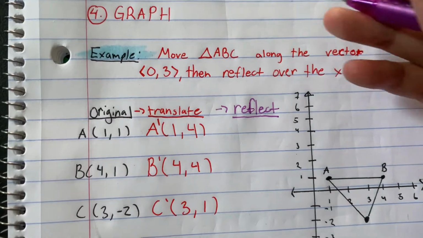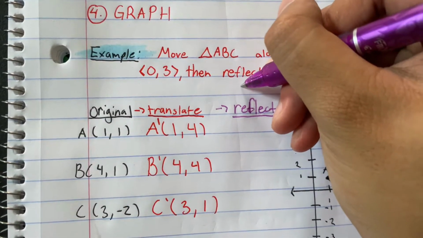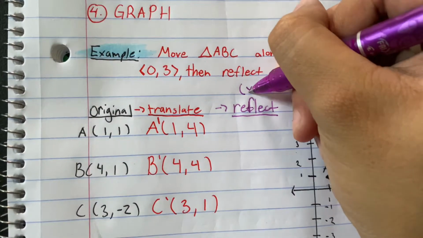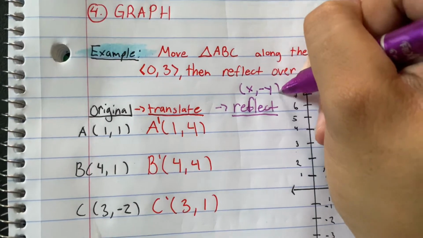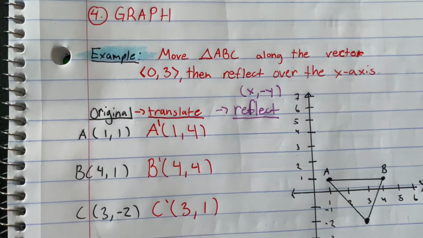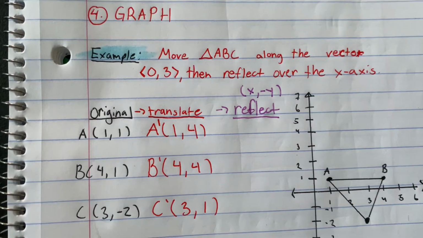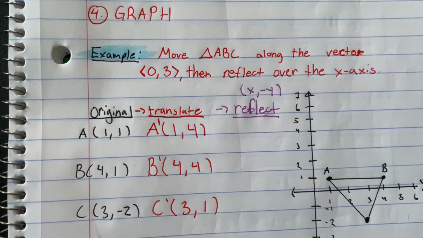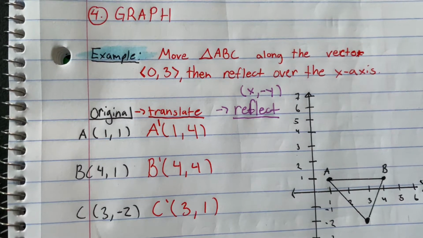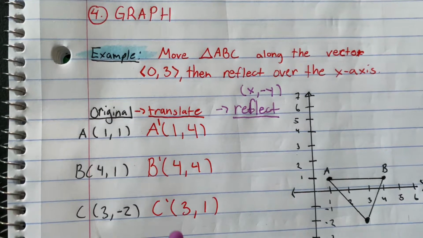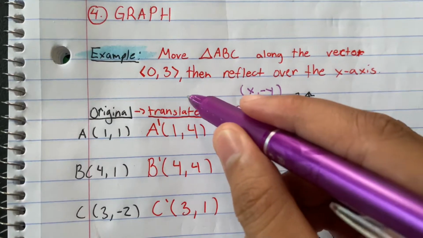The formula for that, if you don't recall, is (x, -y). So with the given formula, please find my A, B, C coordinates once I reflect it using the new points, not the original ones. Remember, we're using these right here.